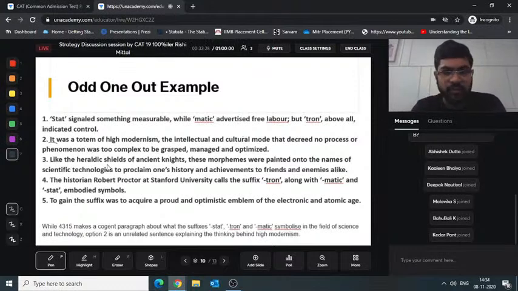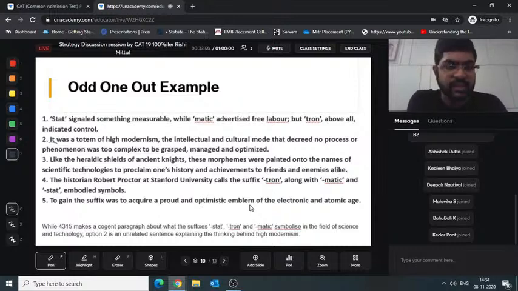Now I also have sentence 3, which talks about heraldic shields of ancient knights. These morphemes were painted onto names of scientific technologies to proclaim one's history. And the fifth one is talking about acquiring a proud and optimistic emblem. So these look connected to me.